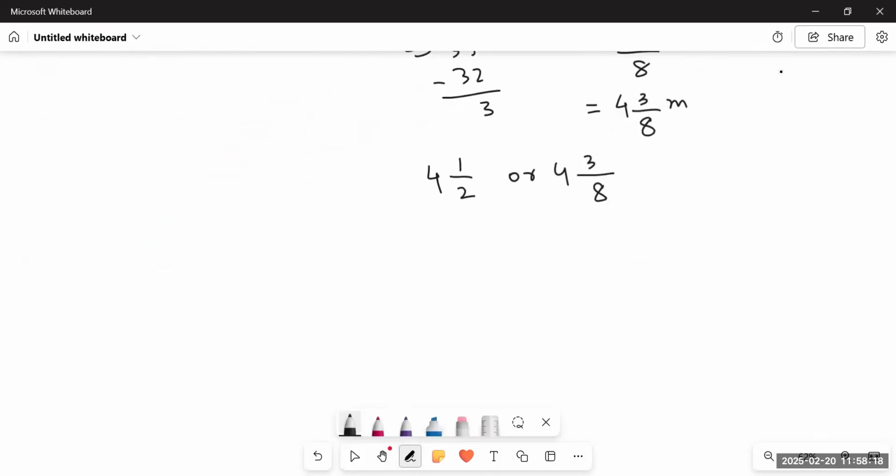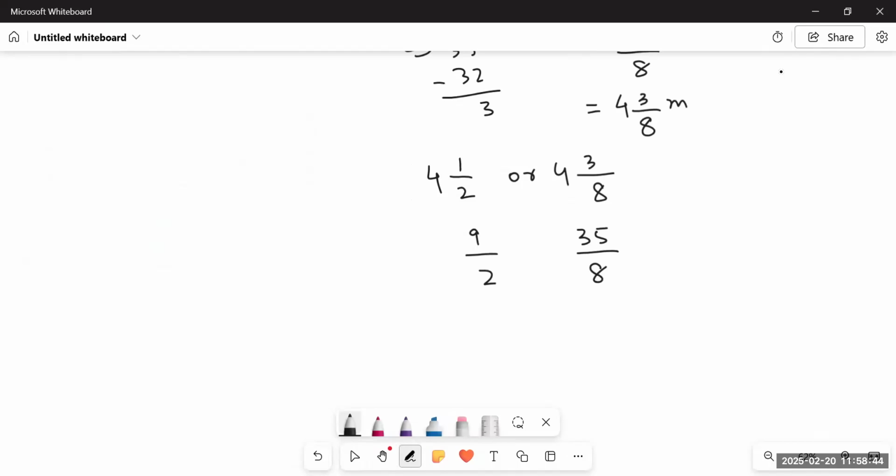The same way. First, we have to make them similar by 4 2s are 8, 1, 9 upon 2 and 4 8s are 32, 32 plus 3, 35 upon 8. Now, since the denominators are different, we cannot tell that which fraction is greater.